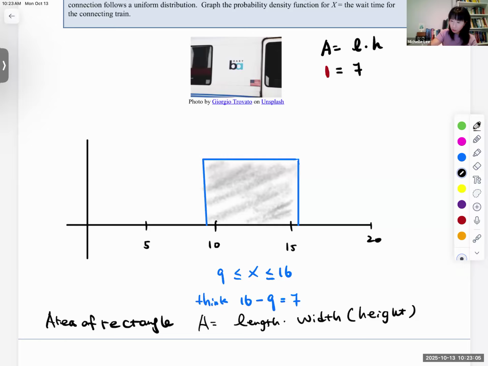Make sense? Then we divide by 7 on both sides. So h equals 1 over 7. And that's the graph.